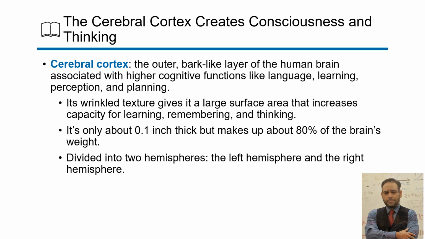When it comes to thinking, there are billions of neurons, and they all form networks. The networks are like the brain's communication highways, as we said at the very beginning of our lecture, and they allow for the efficient, fast exchange of information that you need for thinking and for being conscious.